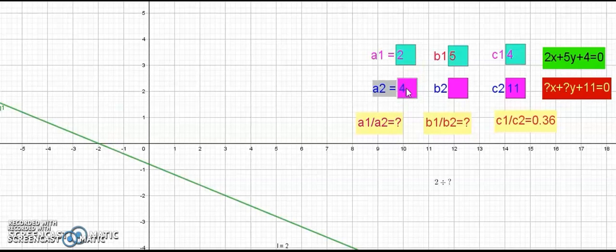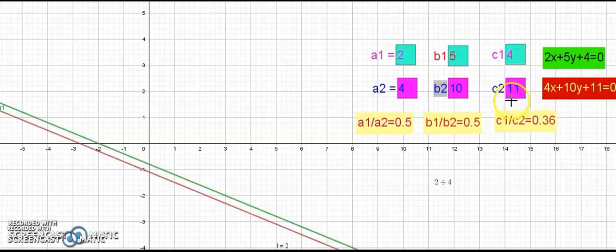So let us just take the coefficient a2 as 4, that is 2 times a1. Then if I change the b2 as 2 times b1, that is 5 into 2, I can make the two lines parallel.